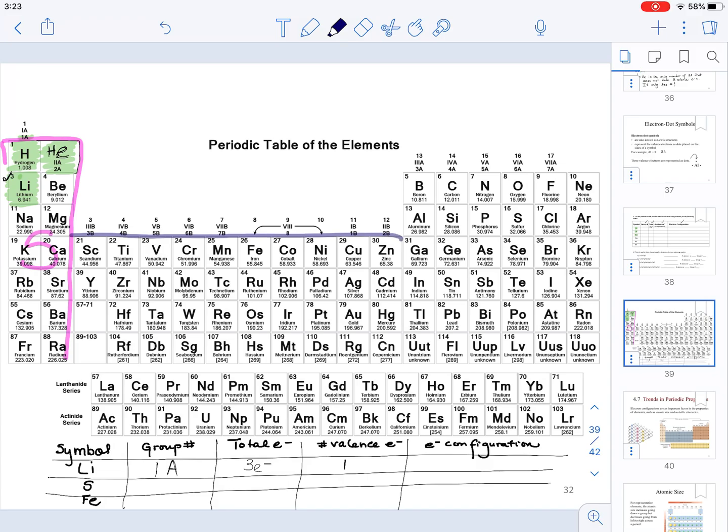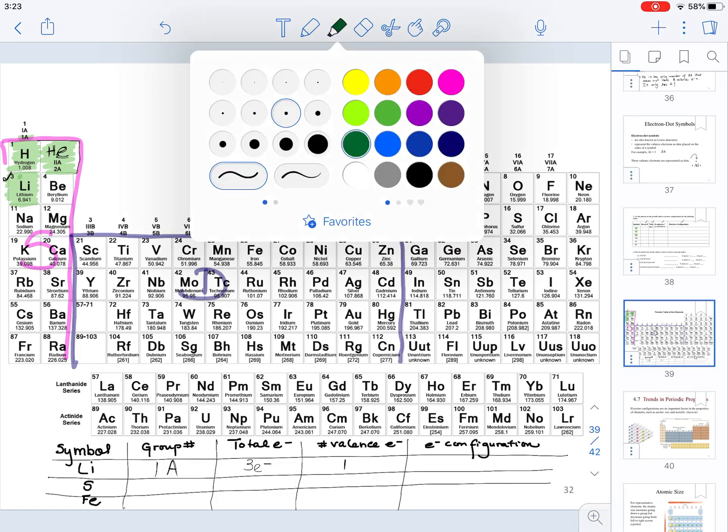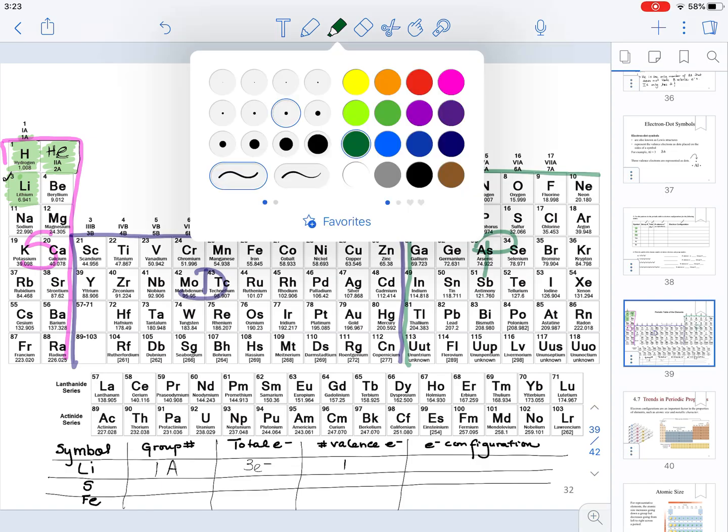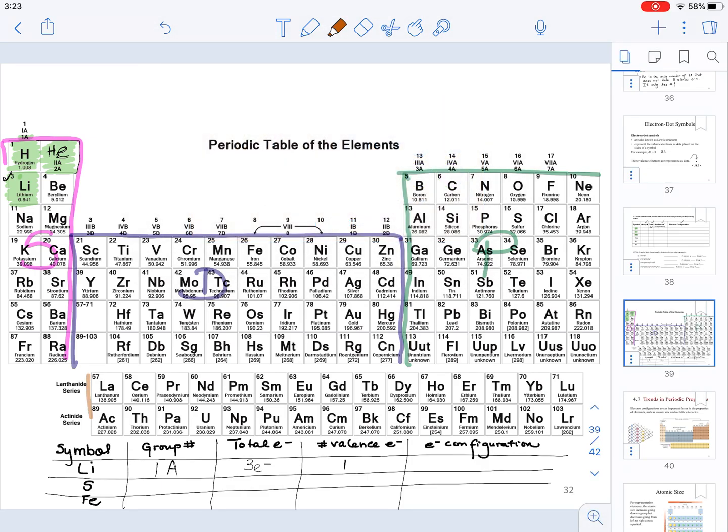This in the middle right here, that is the D block. These guys right here are going to be the P block. The lanthanides and the actinides are going to be in the F block. Okay?